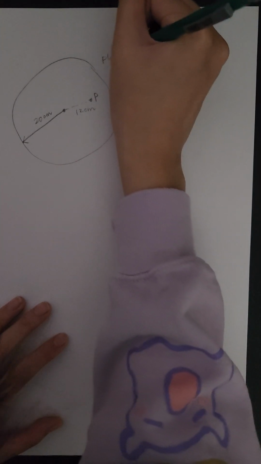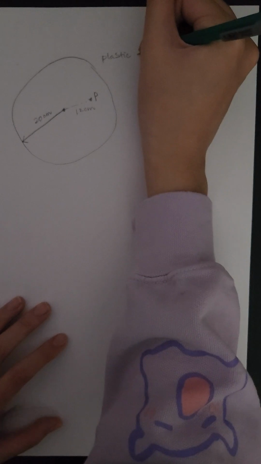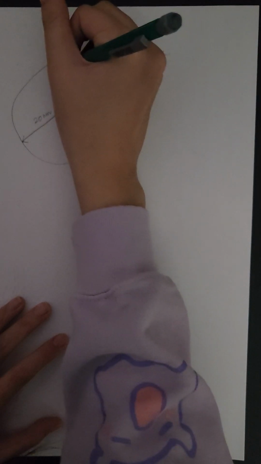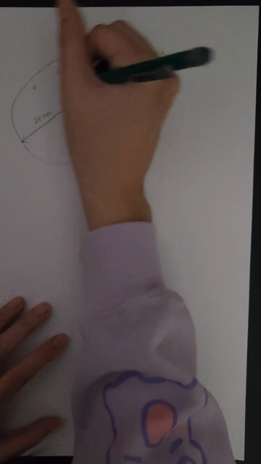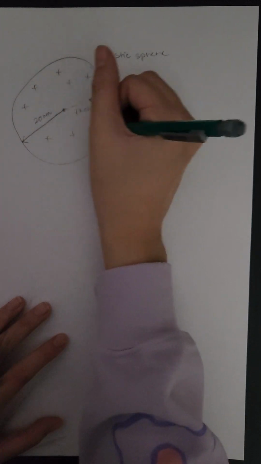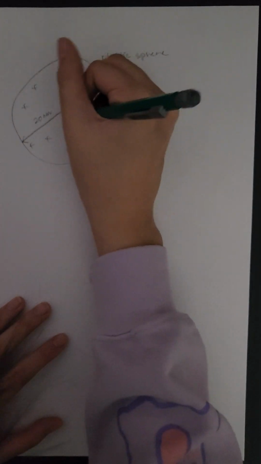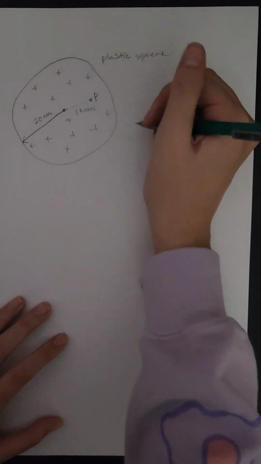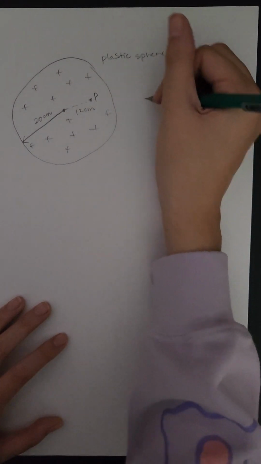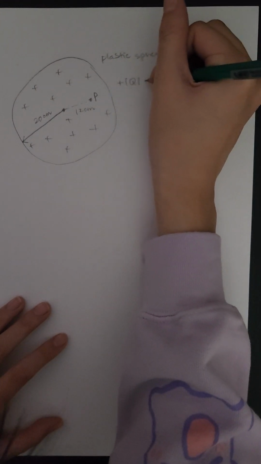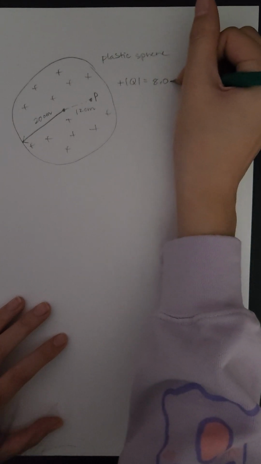This is a plastic sphere with uniformly distributed charge, something like this. So it's uniformly charged and has a net charge of 8 microcoulombs.